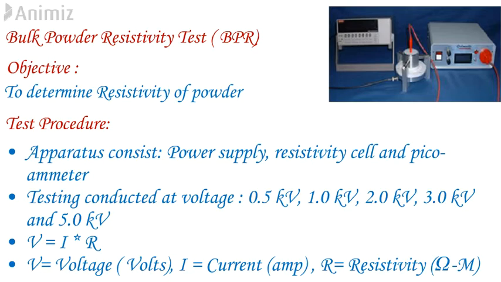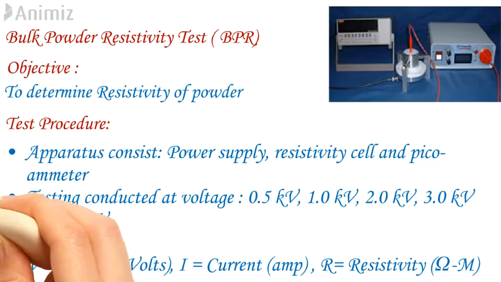The resistance is calculated for all the runs and the average value is considered as the resistance of the powder. The resistance value of the powder is multiplied with the cell constant, which in turn gives the resistivity value in ohm.